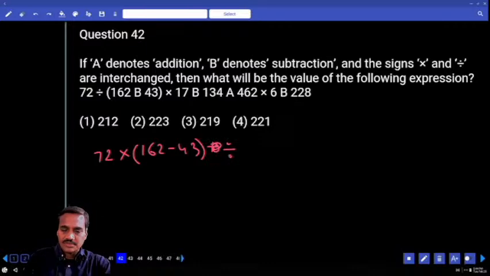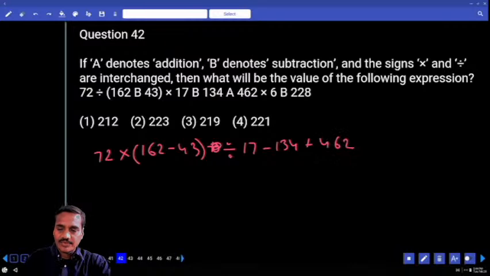Next one, into and division are interchanged, then 17. B stands for subtraction, 134, and A stands for addition, plus 462, and into is divided by 6 and B is minus 228.